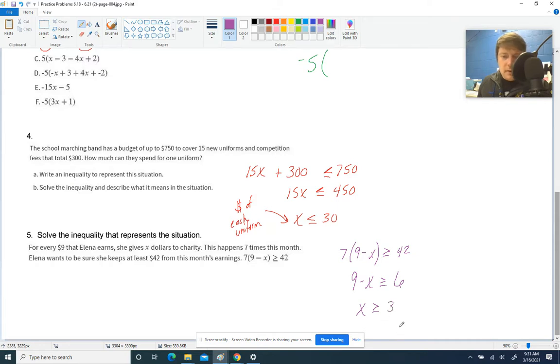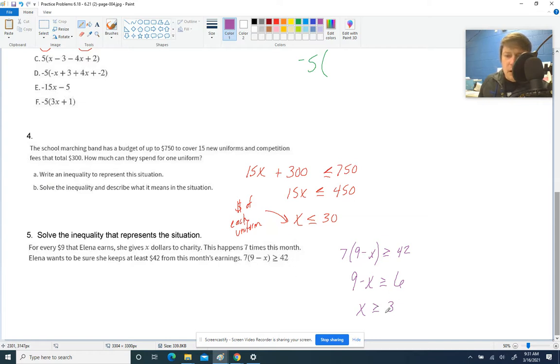Let's see if that makes sense for this problem. x represents how much money she's given to charity. So if she wants to have more than $42, does she need to give more than $3? That doesn't make sense. So we probably need to flip this inequality around. She needs to be limited if she wants to have more than $42 in earnings this month.